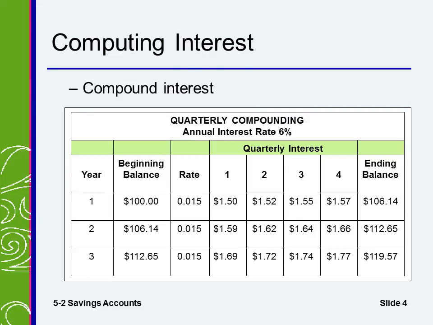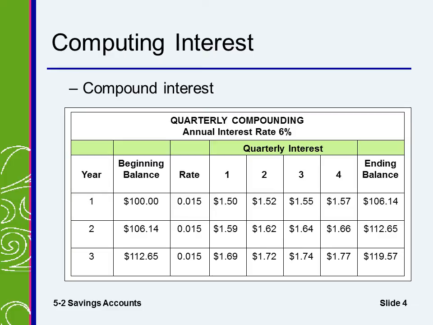And here's a chart that shows you a little bit about compound interest. You can have a beginning balance, and it can grow over time. In this case, the $100 for 1 quarter of a year is going to give you $1.50 in the first quarter. For the second quarter, you add that $1.50 to your beginning balance. So you would take $101.50 and multiply it times 0.015, and that would give you $1.52 interest.